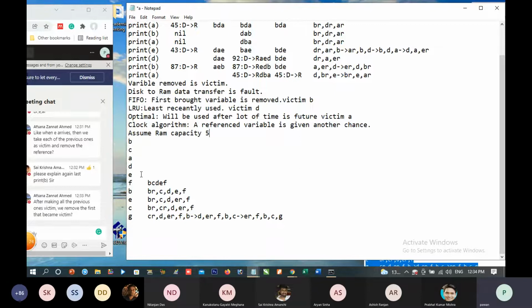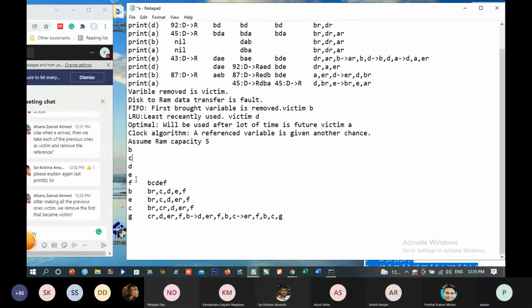So BCAD, BCDEF, RAM capacity 5, BCDEF. Is it correct? So it will be BCDEF.